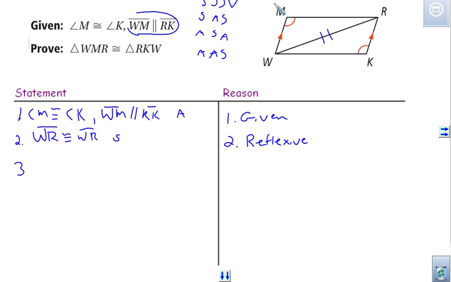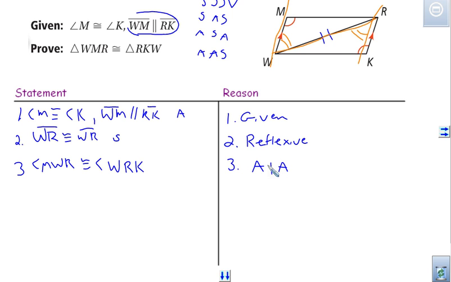So again, if I extend these lines, this line, and then here's my transversal, we get alternate interior angles. And we have to be specific when we're naming those. So I see angle MWR is congruent to angle WRK. And this is because the lines are parallel.